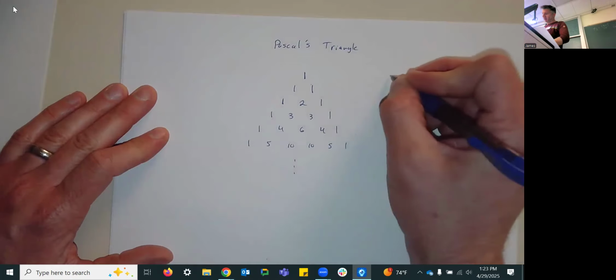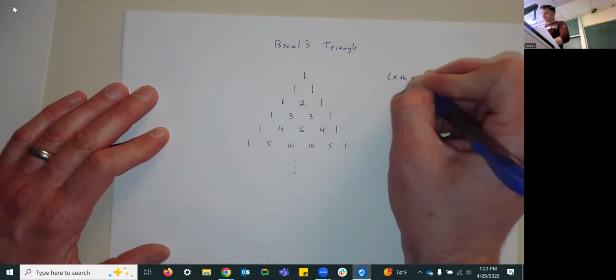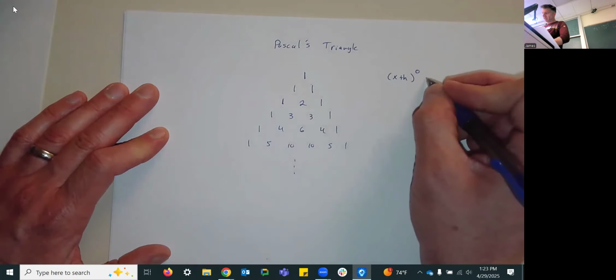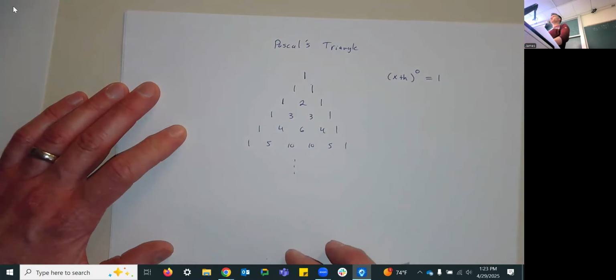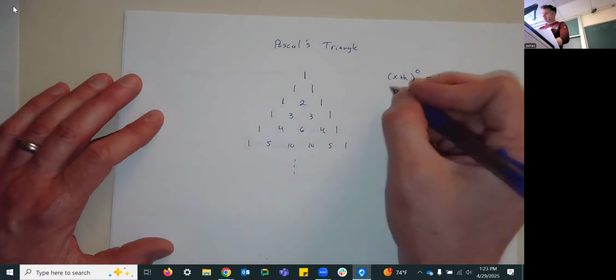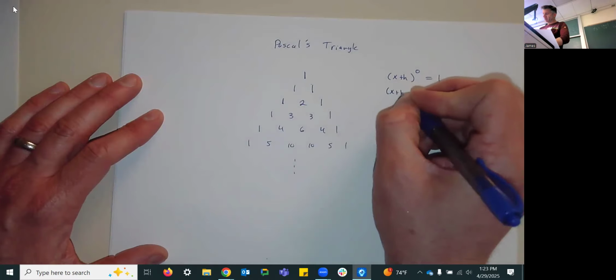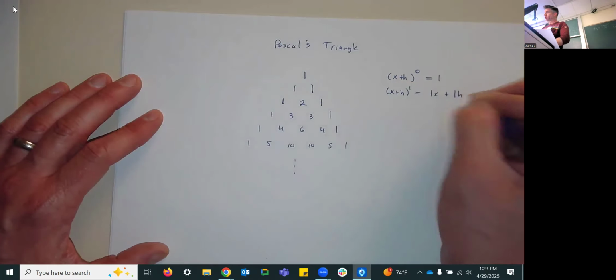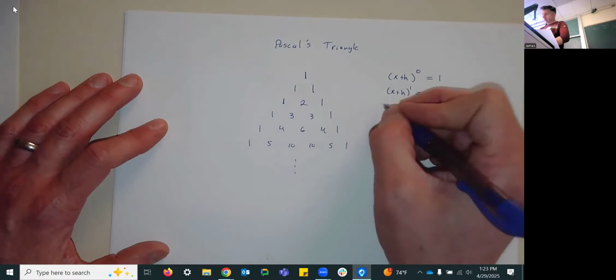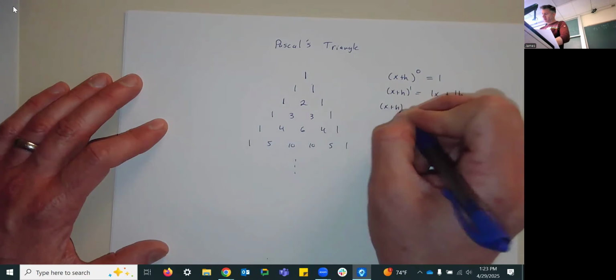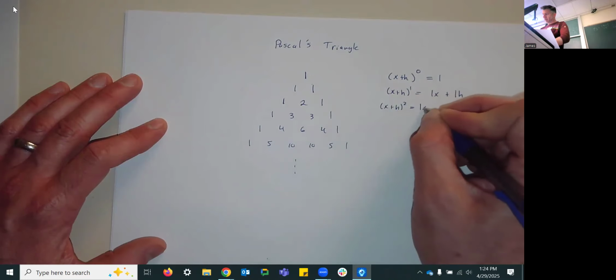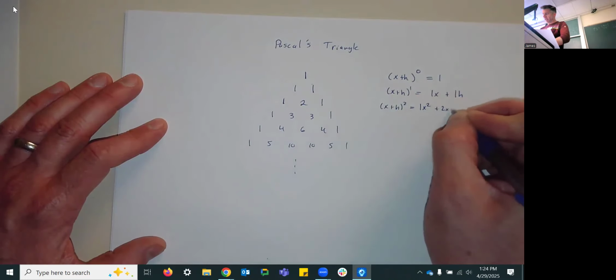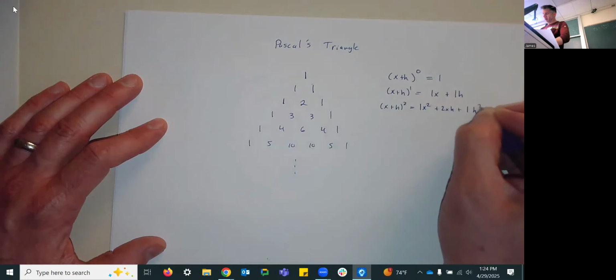I'm going to point out a few things that might seem silly to write, but I'm going to write them anyway. x plus h to the 0th power is 1. Not very exciting. x plus h to the first is 1x plus 1h. x plus h squared is 1x squared plus 2xh plus 1h squared.